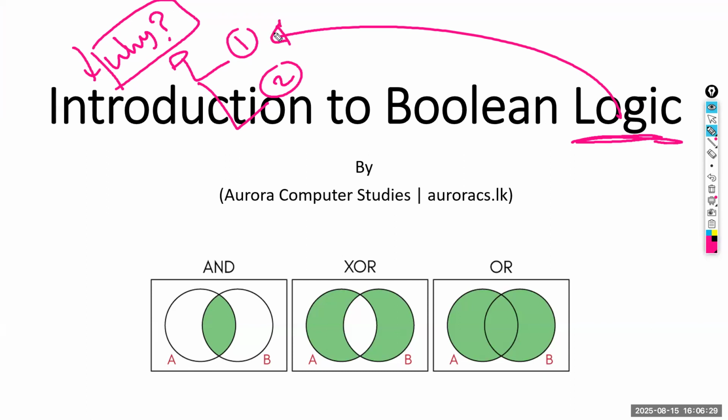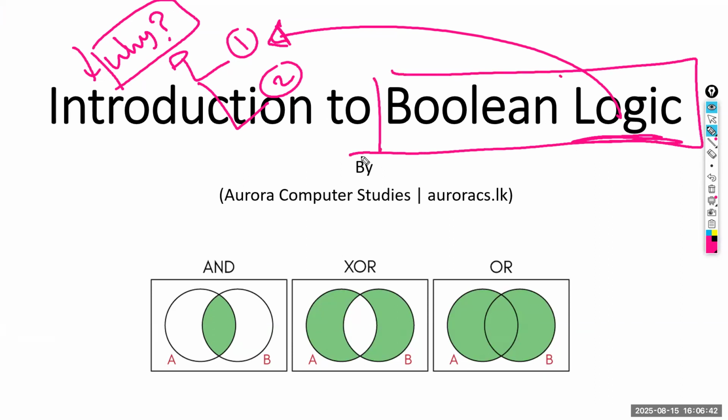So why do we represent data in the computer? Because we want to process data. A computer is a data processing device. So then someone will ask, how do you process data? By applying Boolean logic. How does a computer process data? By applying logic. If a computer is a data processing device, the IT field is all about data processing.